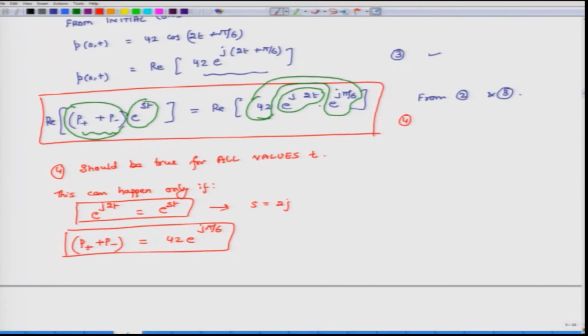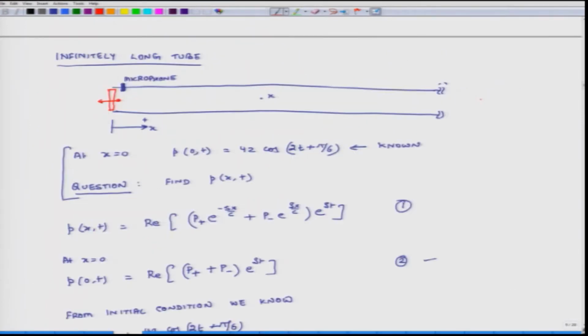But still we do not know the specific values of p plus and p minus, we know only the sum of p plus and p minus. So, now we figure out the value of p plus and the value of p minus. And to understand that, we have to go back to our original picture. What p plus represents is the amplitude of the wave travelling in the forward direction, and what p minus represents is the amplitude of the wave travelling in the reverse direction. And this is an infinitely long tube.